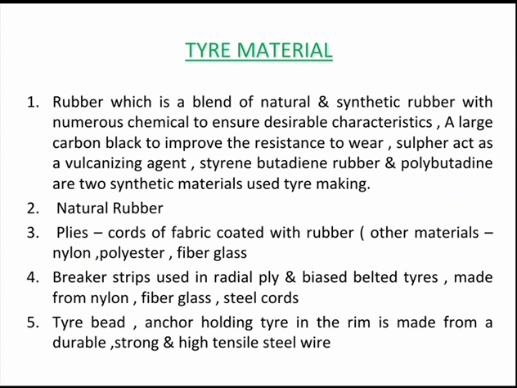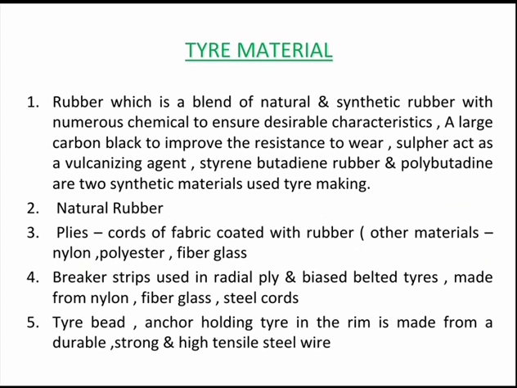You know that the tire should be very rigid, solid, and it should not wear. So we have to add some chemicals to this rubber. A large amount of carbon black is added to improve resistance. When we add more carbon black, it improves the resistance to wear and tear and also abrasion.